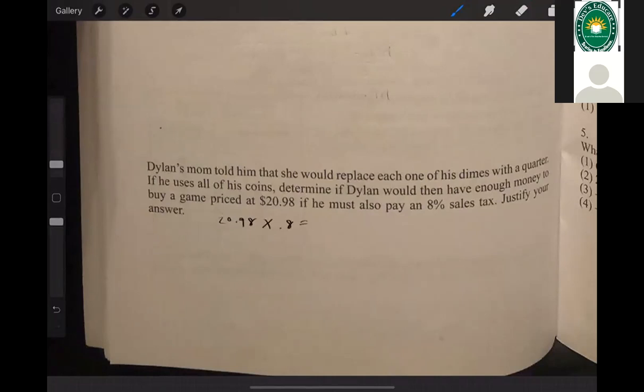equals, let me get my calculator. 20.98 times 0.8 equals 16. Oh, nope, that does not seem right. Would it be 0.08?